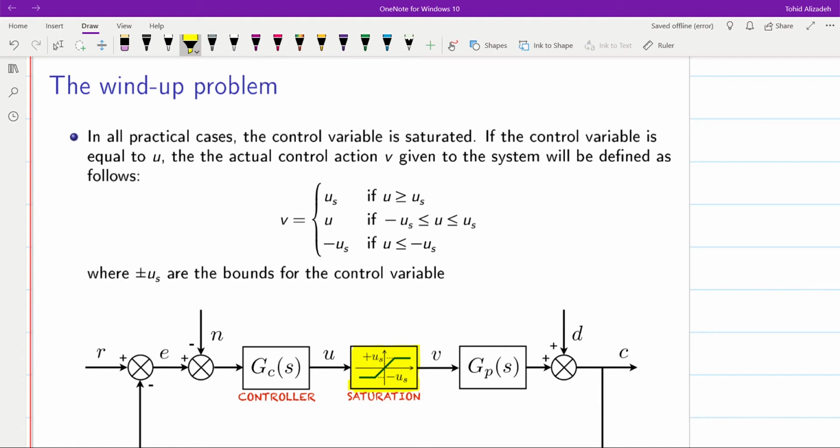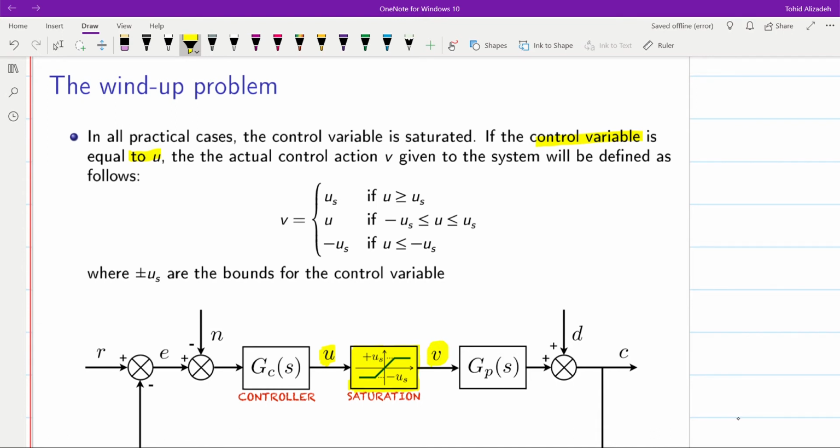But now, if the control variable is equal to U, the actual control action which will be provided to the actuator will be called V, and you can see the relation over here.